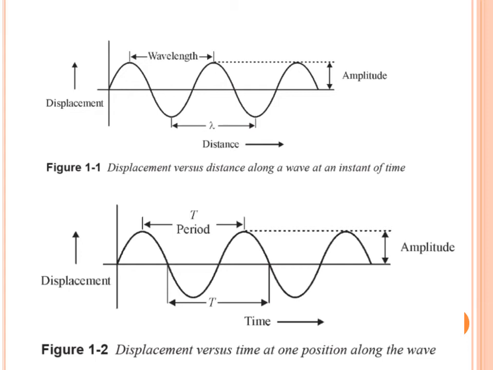Then we also have something called the frequency, and the frequency of the wave is the number of cycles of the wave in 1 second, and is represented by the Greek letter nu, which looks like a little v, but that's the lowercase Greek letter nu. So these are ways that we will talk about a wave and a wave of light.